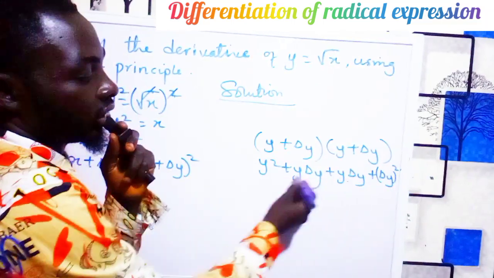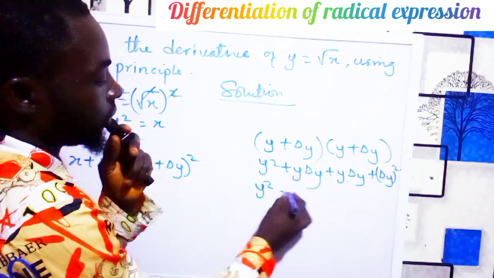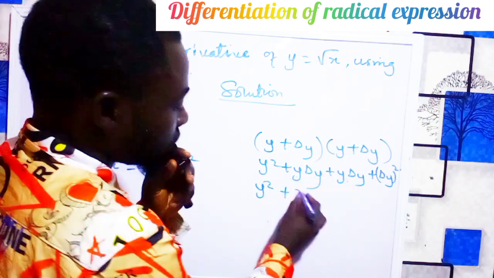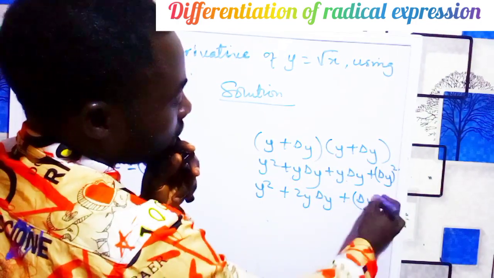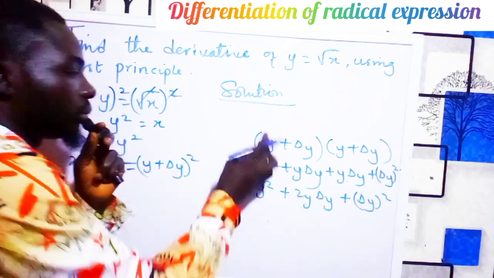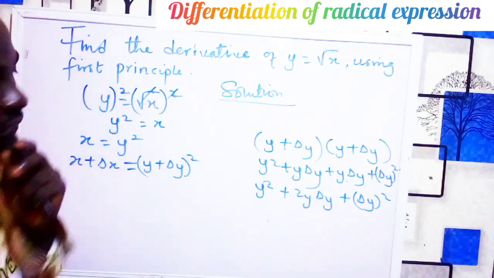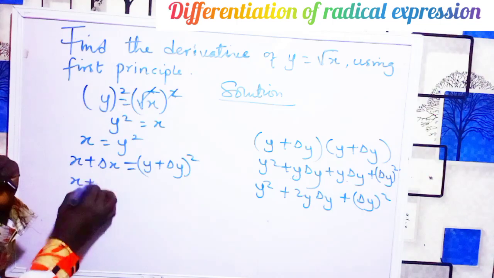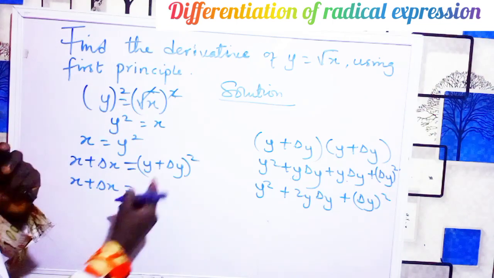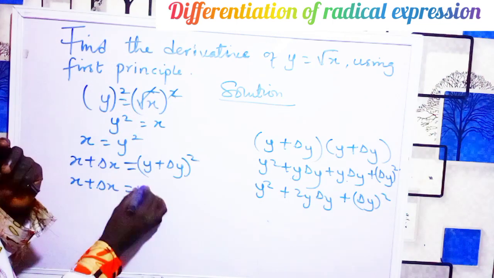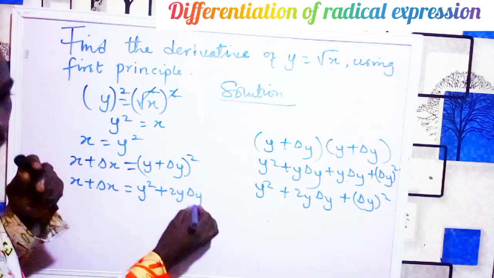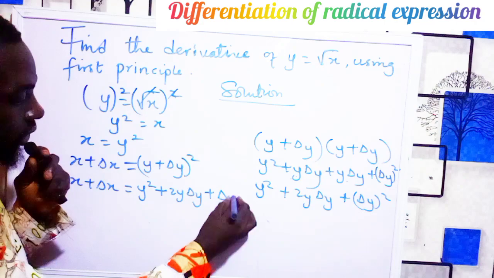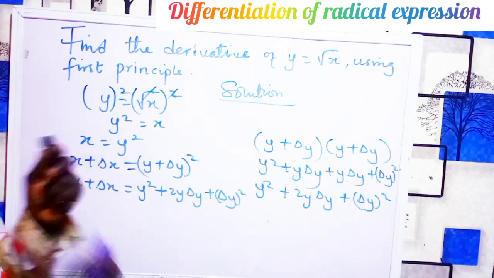These two can add themselves. That will give us y squared plus 2y delta y plus delta y all squared. So the expansion of this is this. So you are going to have x plus delta x equals y squared plus 2y delta y plus delta y all squared.